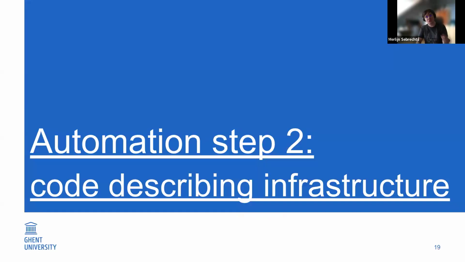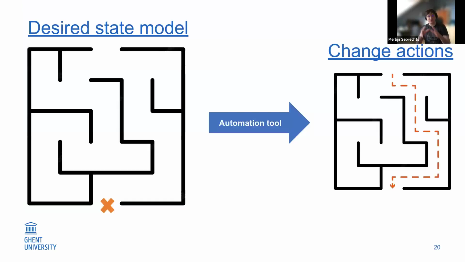So in order to solve the issues with automation, the second step is to actually use infrastructure as code. And this means what it describes. Infrastructure as code means you have code that describes your infrastructure. So let's use an example.